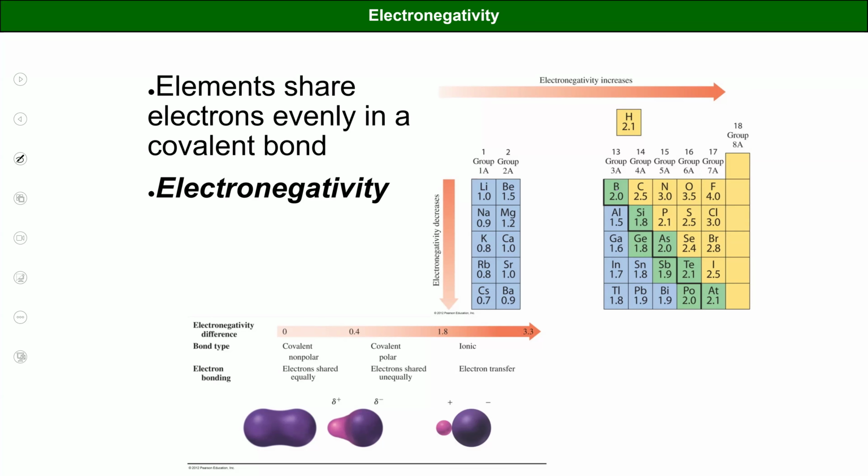It's not a full charge because we don't actually have electrons changing hands. It's still a covalent bond, but it's not being shared evenly. And so the symbol we use for that is this little lowercase delta. So this means a partial positive versus a partial negative. It just means that there's more electrons on this side than that side. They're not being shared evenly.